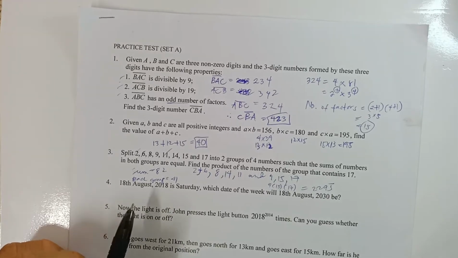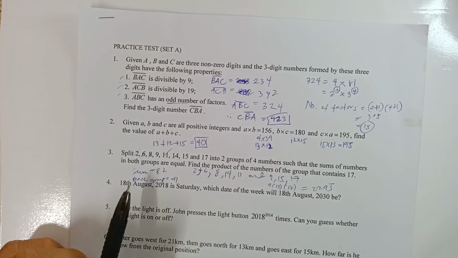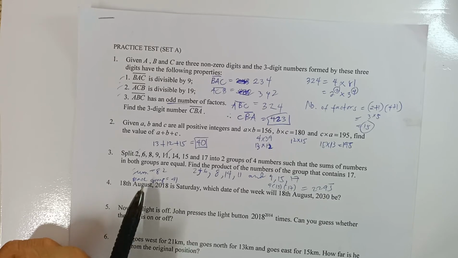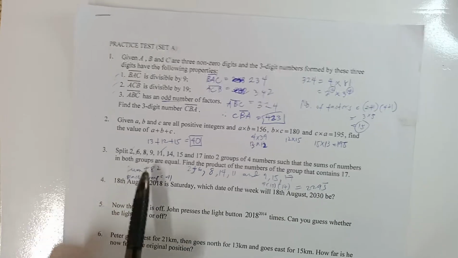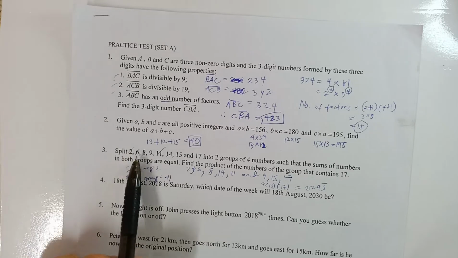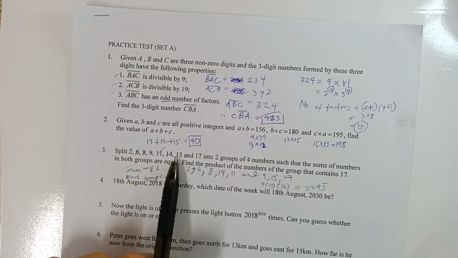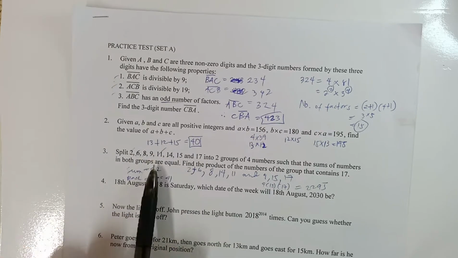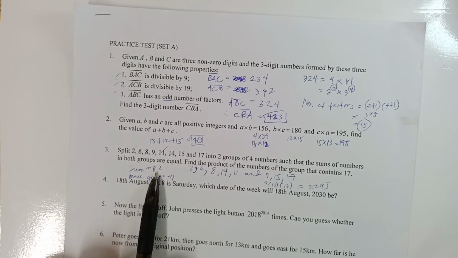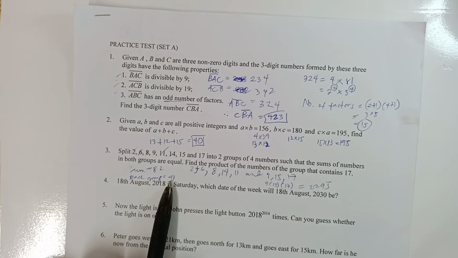The sum of each group should be equal. So you have to add all these numbers. If you add all these numbers, 2 plus 6 plus 8 plus 9, 11, 14, 15, and 17, the sum is 82. So if you split these numbers into two groups, each group must have a sum of 41.